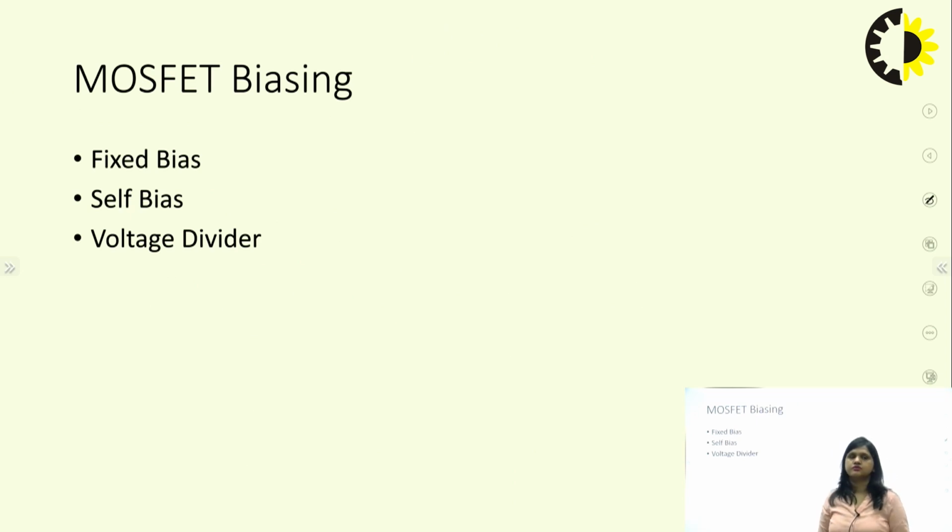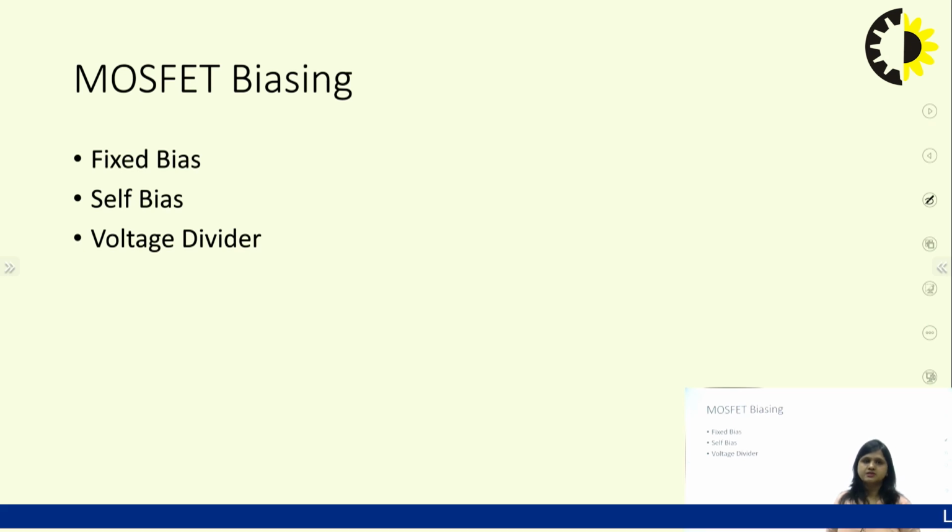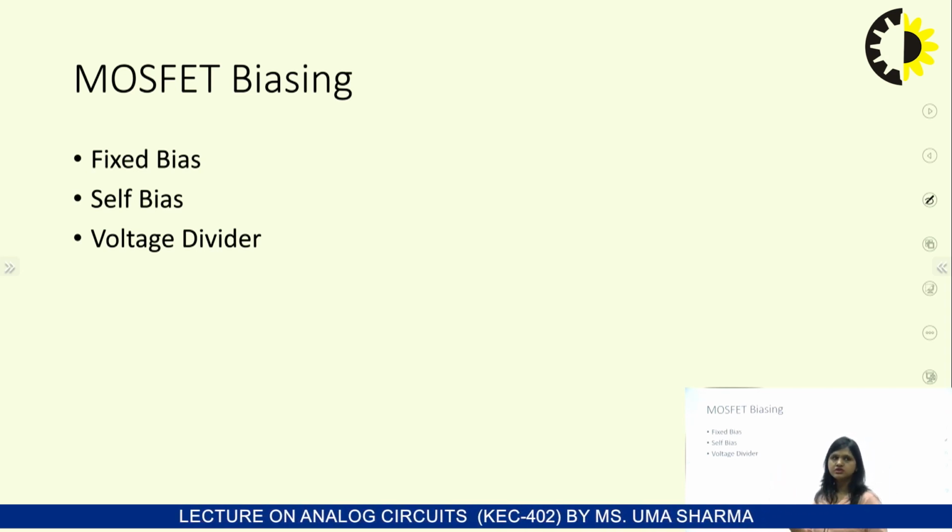For the MOSFET also, we need some biasing scheme by which we can stabilize the operating point. In the previous lecture, we have discussed the requirement of biasing and how we can bias a circuit through these biasing schemes.